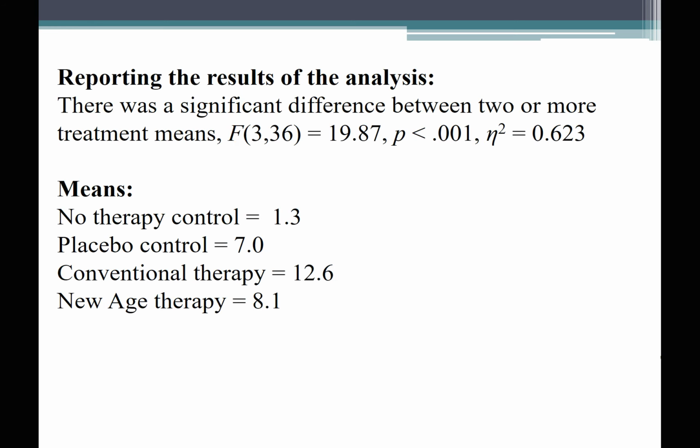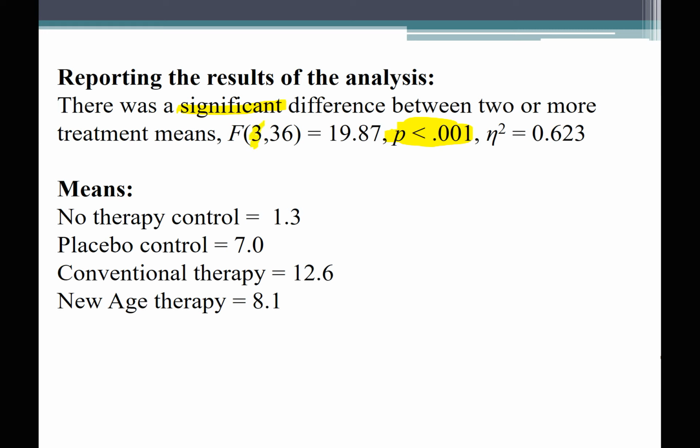Okay, so we saw that p came out as 0.000. We don't actually write 0.000, we would write less than 0.001. But this means that there is a significant difference between 2 or more of our treatment means. And similarly to how we write for a t-test, these are our degrees of freedom, degrees of freedom for group and degrees of freedom for error.